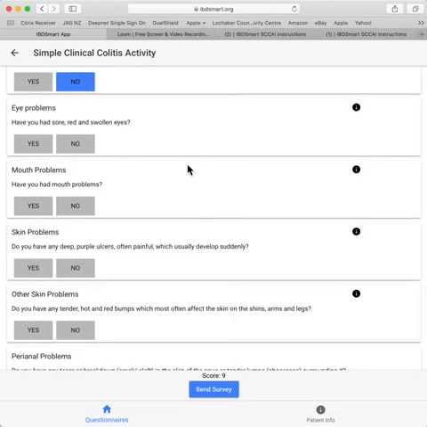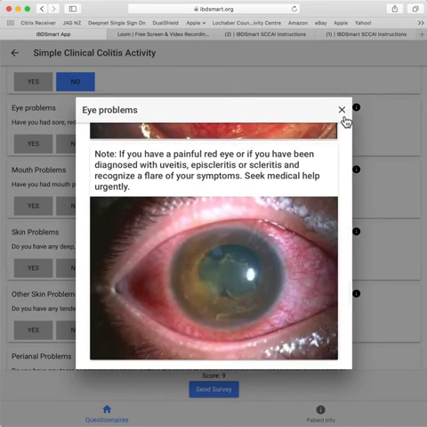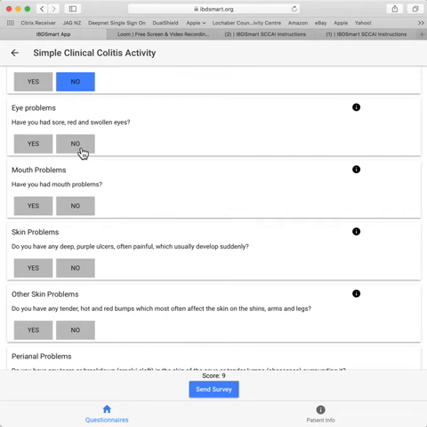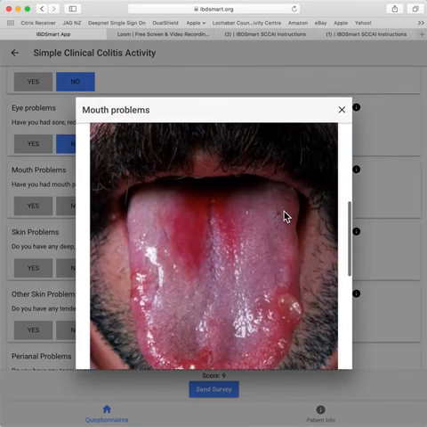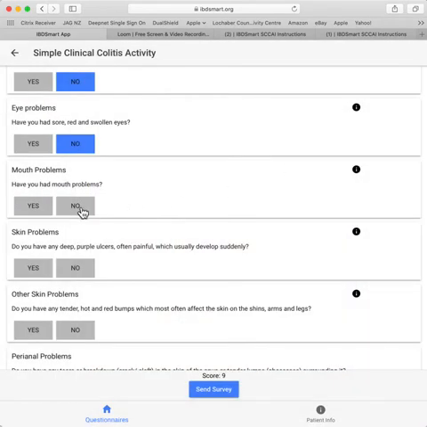The second relates to eye problems, and if you click on the little eye icon there, you will see examples of scleritis and uveitis, 2 common eye conditions that might occur. The third one relates to mouth problems, and again, clicking on the icon gives you some examples of what we might see.